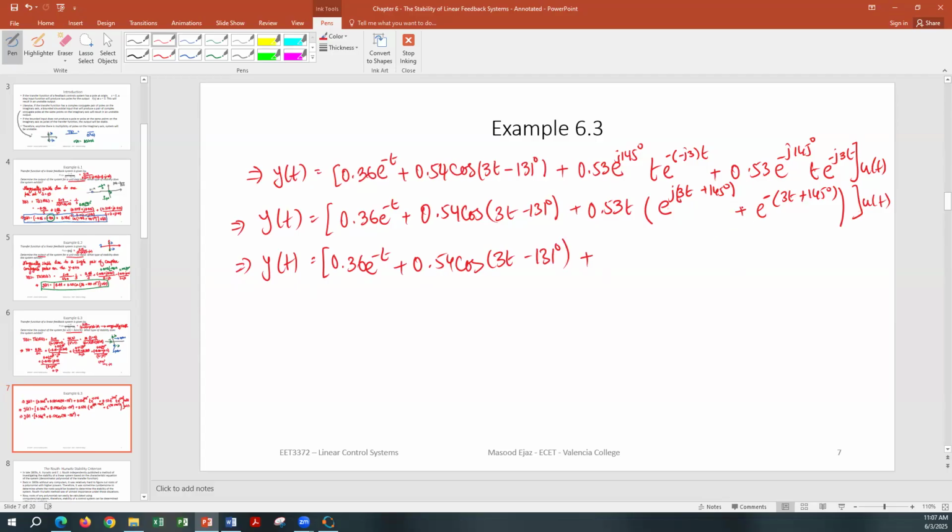So this is going to be 2 times cosine 3t plus 145 degrees. So 2 times 0.53 is going to be 1.06, right? 1.06 t cosine 3t plus 145 degrees. And that is your final result.